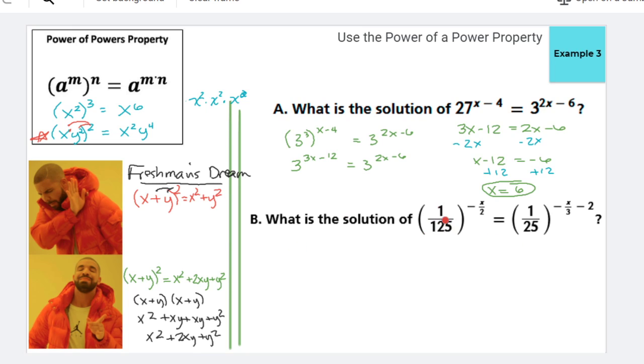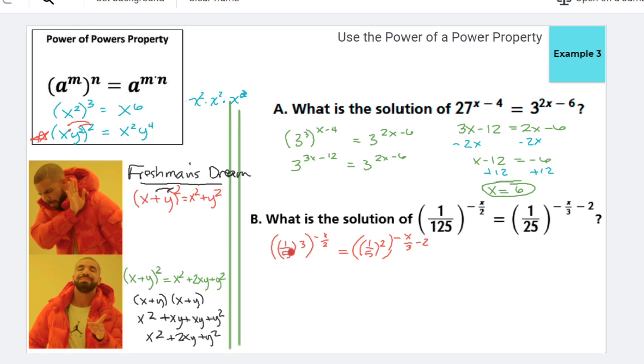So I'm going to write this 1 over 125 as (1/5) to the third, and then that's being raised to the negative x over 2. And then here, 1 over 25, that's just (1/5) squared, and it's being raised to the negative x over 3 minus 2.